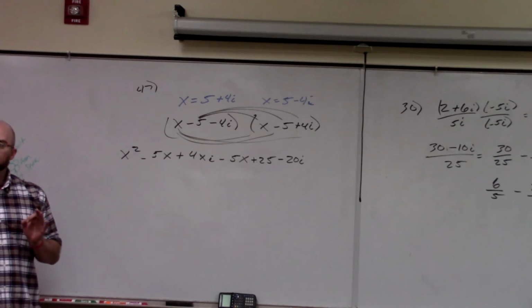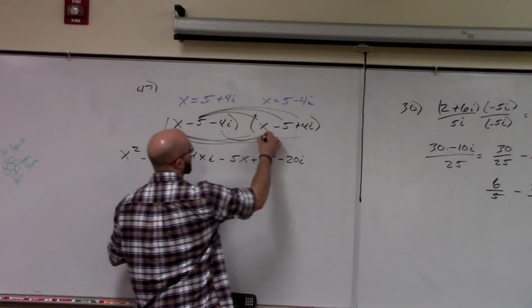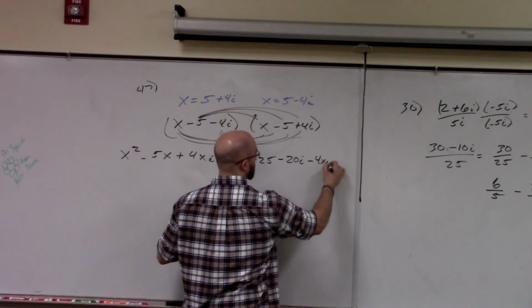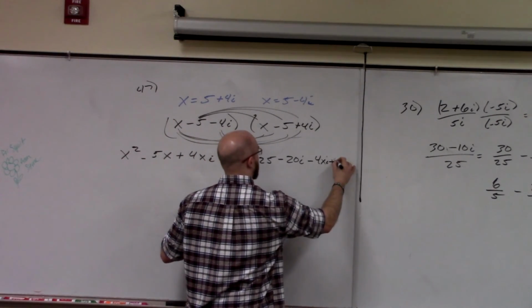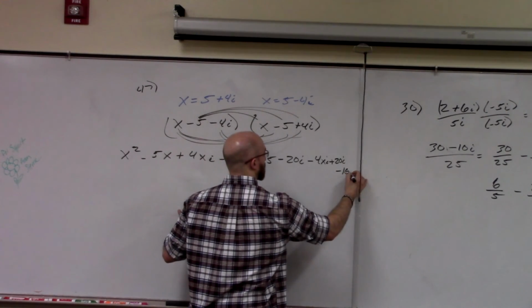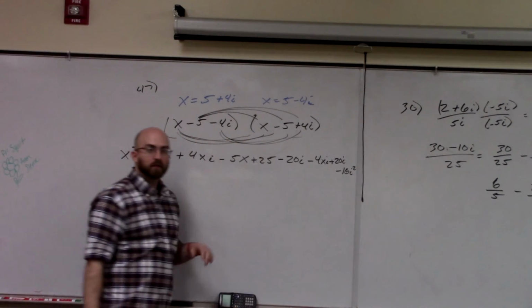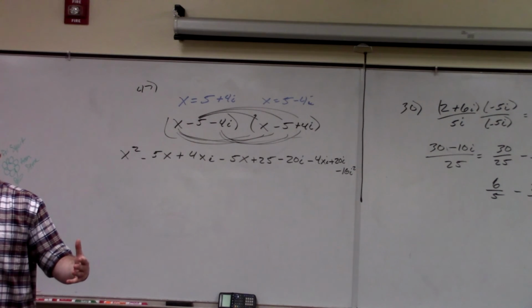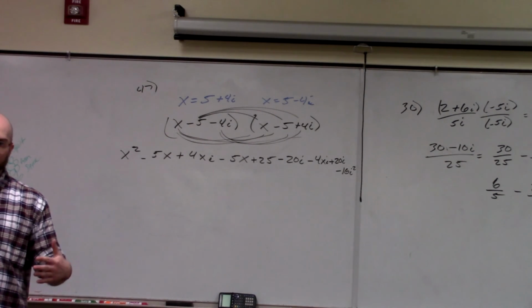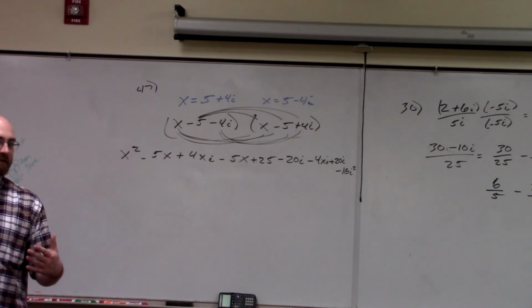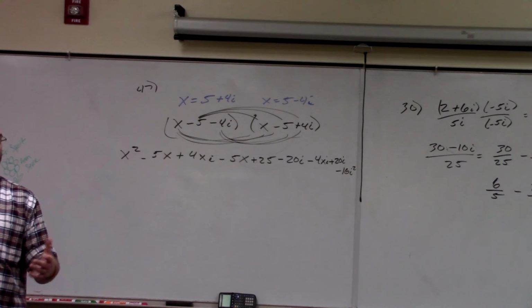Everyone understand that? And then negative 4i times everything. So you don't FOIL, that's what I mean. It's just a longer FOIL. Everyone good with that? It's just foiling 3 things.